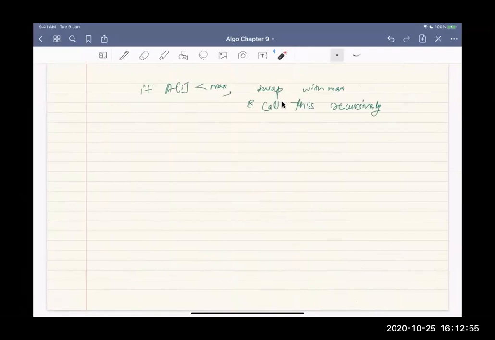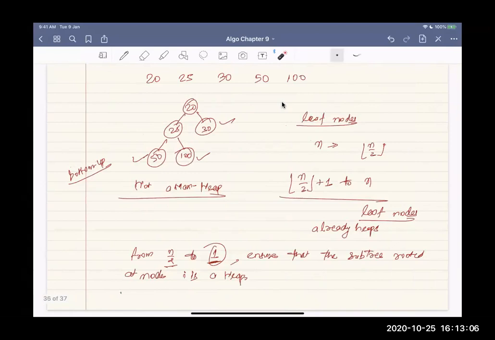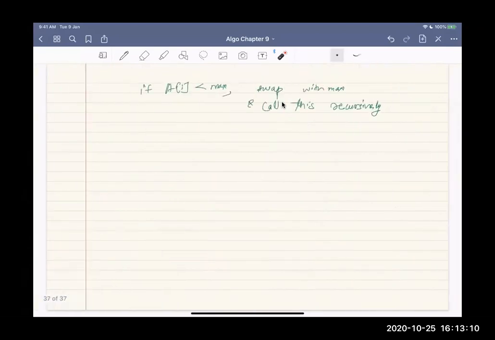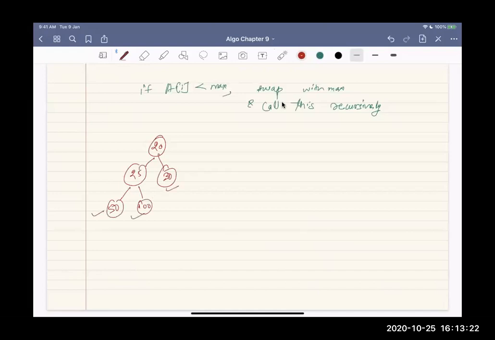Keep on doing that, and you do that for all the nodes. So let me go back to my example. So this was my heap: 20, 25, 30, 50, 100. Now this and this are already heaps. Let's go for 25.